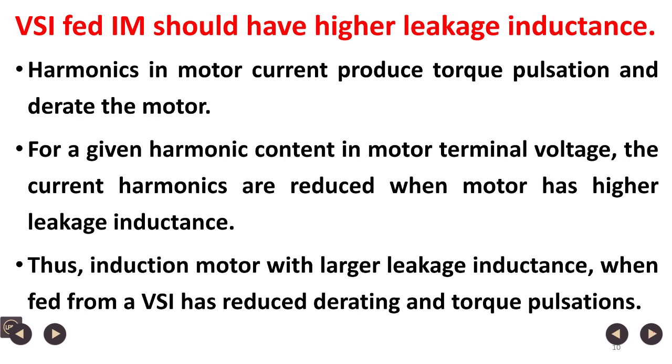So, if leakage inductance is higher, the harmonic current amplitude will reduce. So, an induction motor with larger leakage inductance, when fed from a voltage source inverter, has reduced derating and torque pulsations. That is why a machine with larger leakage inductance is used for VSI operation.